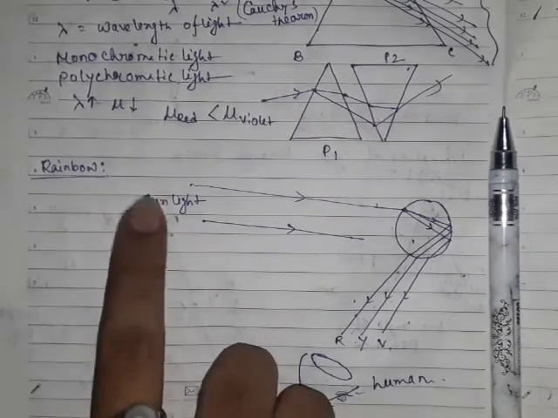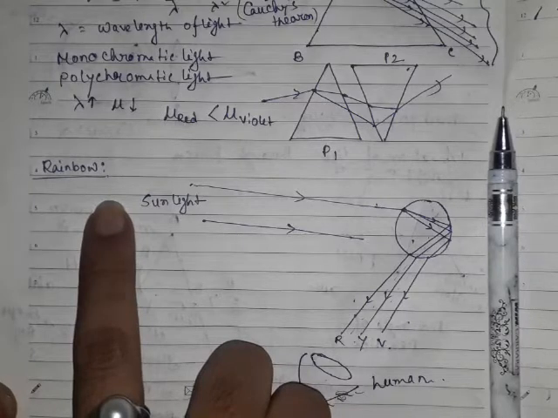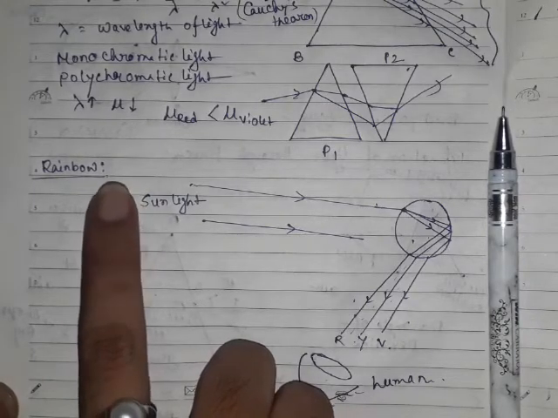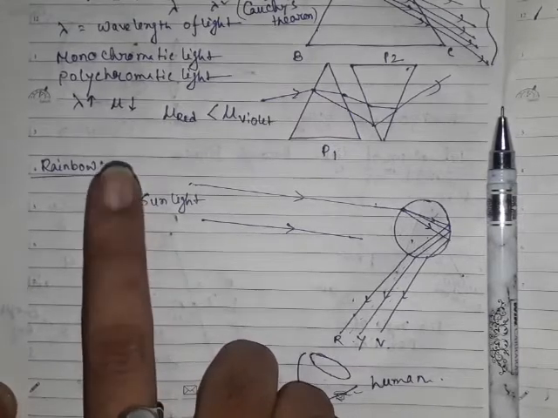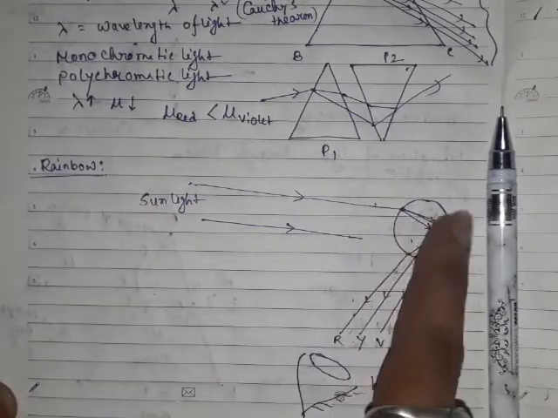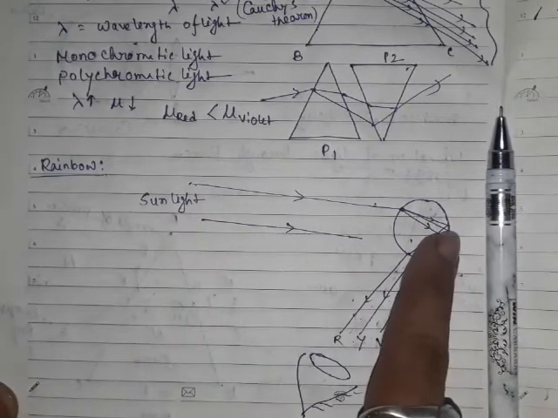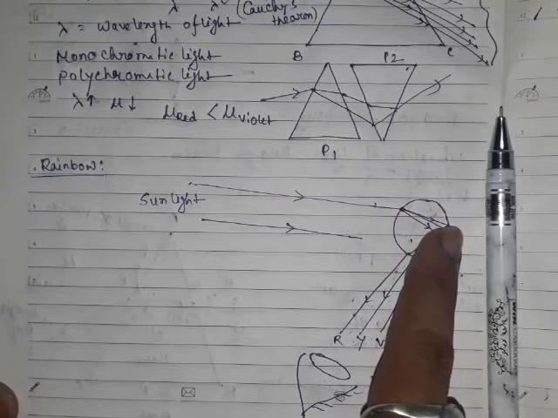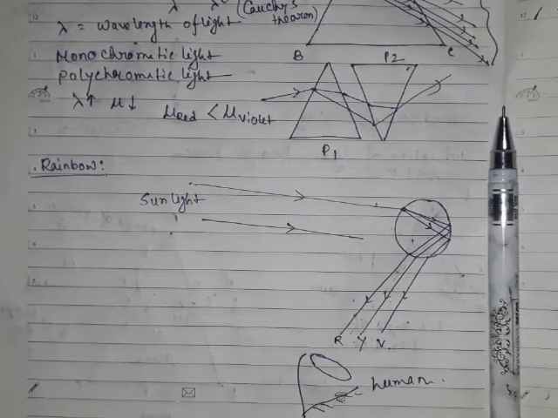If light is incident from here, that means the sun is going to set, so it is at the west. Then this water droplet, that means cloud, is at the east, so that light falls on it and you will get the rainbow. Okay, so that is the thing.